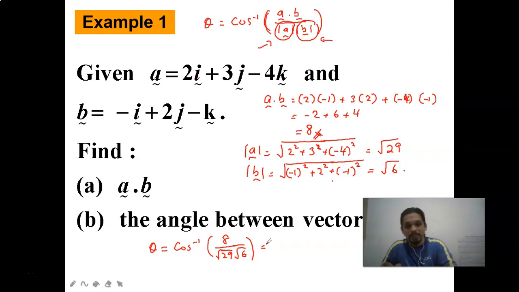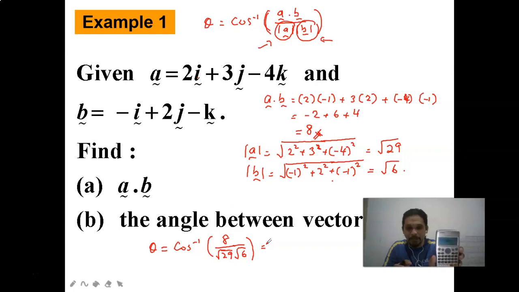Equals, okay, let's find the answer together here now. Press the shift and cos buttons. So you see here now, it gives you arc cos. Okay, and then arrange the formula: 8 divided by square root of 29 and square root of 6. There you go.